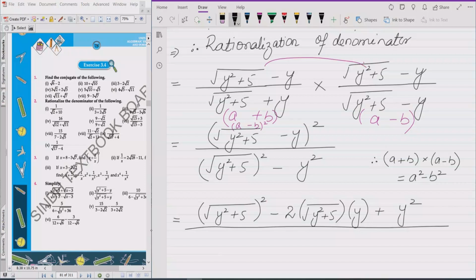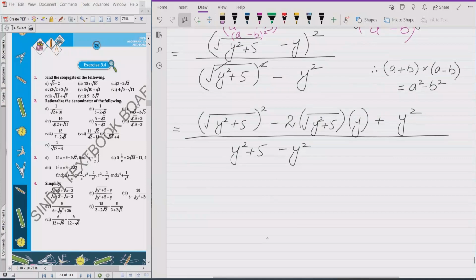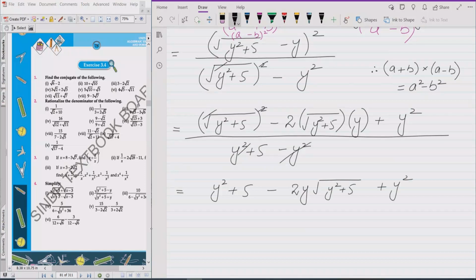Divided by 2, the square and root cancel, and we get y squared plus 5 minus y squared, right? Now we can simplify. Square root cancels from the root, and we will get y squared plus 5 minus 2y root y squared plus 5, and this one is y squared. This y squared is cancelled by that y squared, and we get 5 here.